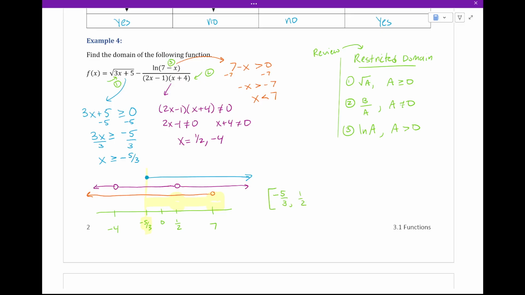I can have negative 5/3. I cannot have 1/2. And then from 1/2 all the way to 7, but I cannot have 7. That is the domain. That's how you piece together all of these different restrictions into one cohesive domain statement, using interval notation.